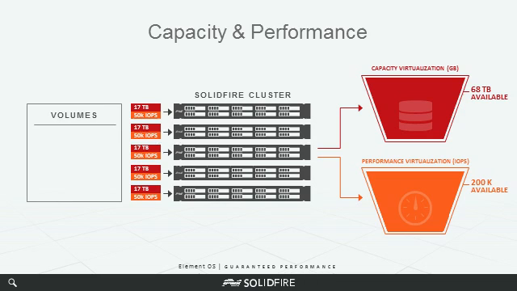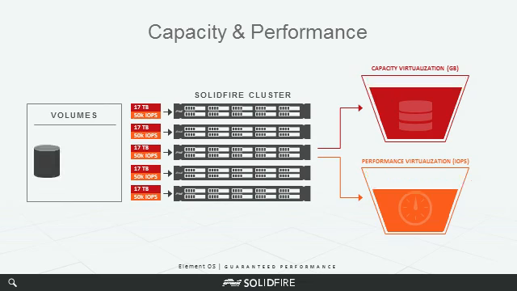If we take, in this case, a 5-node SolidFire cluster, we haven't provisioned any volumes on it. We see that each node provides us 17 terabytes of capacity and 50,000 IOPS. Each of these gets virtualized out into a pool. So you can see on the right-hand side, we've got 60 terabytes of capacity available, and we've got 200,000 IOPS available.